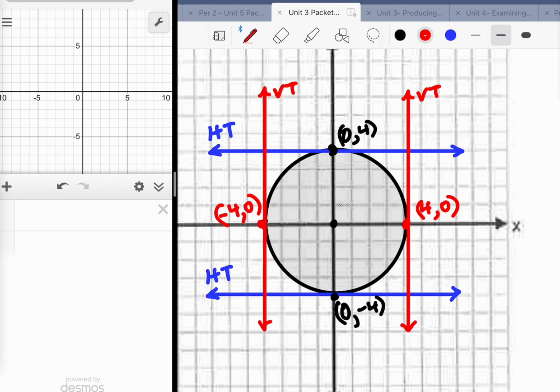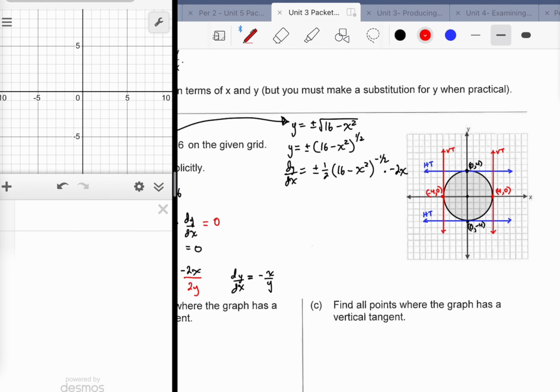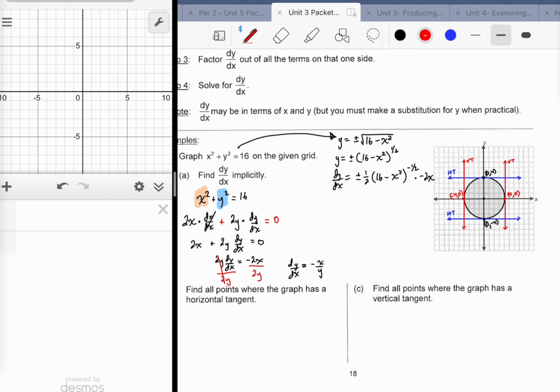We got the answer. But if you had to work off the derivative, we know horizontal lines have a slope equal to 0. So we would want to know the instances in which dy dx is equal to 0. I would rather work with this equation, which we call a differential equation, than this one.